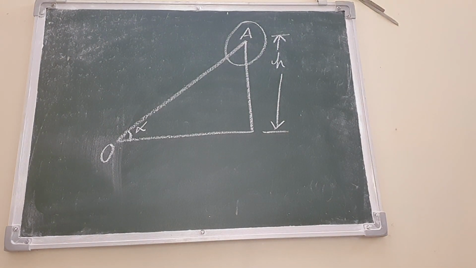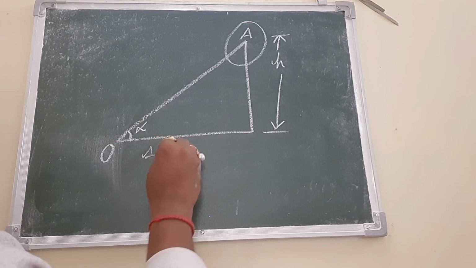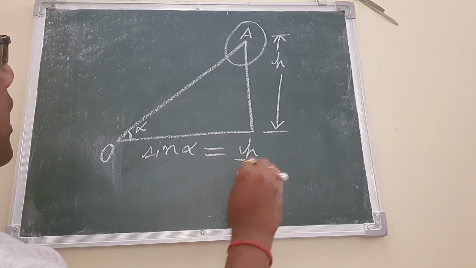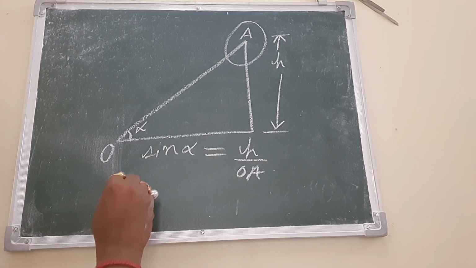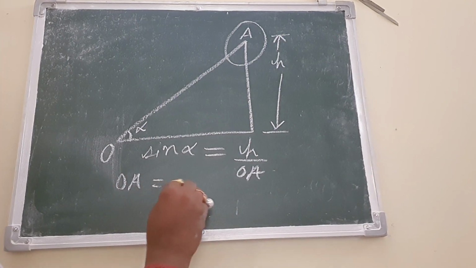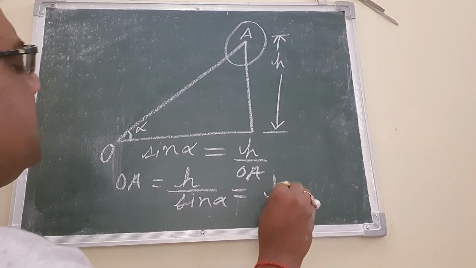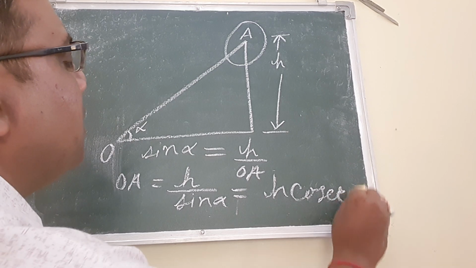So we can write sine alpha is equal to h upon OA. So what will be OA? OA is equal to h upon sine alpha. So we can write h into cosec alpha.